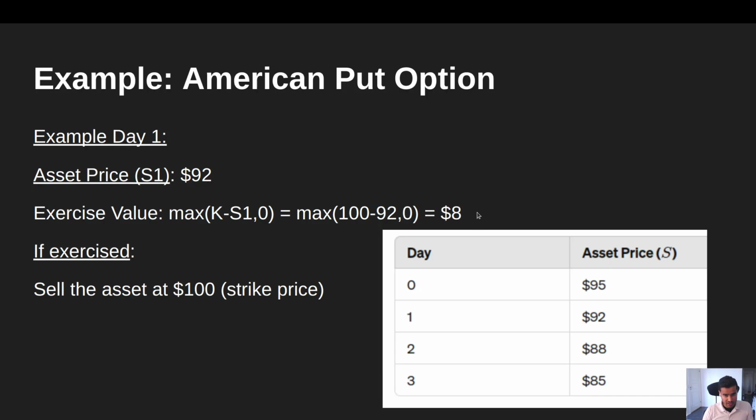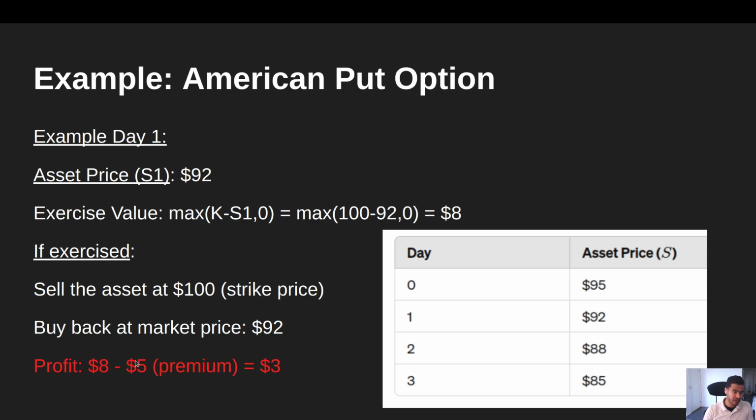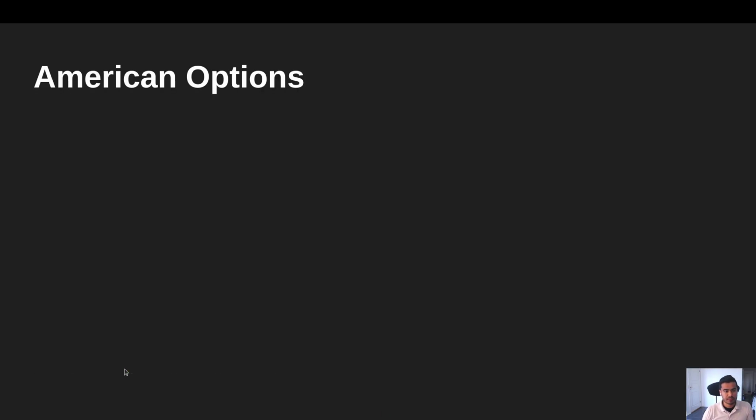Now, if you exercise, you can sell the asset at the strike price, because as I said, you have the right to sell the asset in the American put option at the strike price, and you can buy back at the market price, and your profit will be 8 minus 5 equal to 3. Now, the premium is the money that you gave at the beginning. So this is one example.